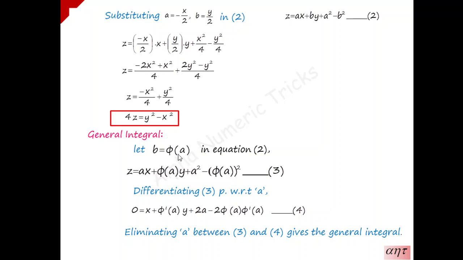It is an assumed function here, and in our problem also the value of phi of a is not given, so we can't reduce the given problem like the singular integral without knowing phi of a. So we conclude our result like this: eliminating a between 3 and 4, we get the general integral. This is the way you have to conclude.